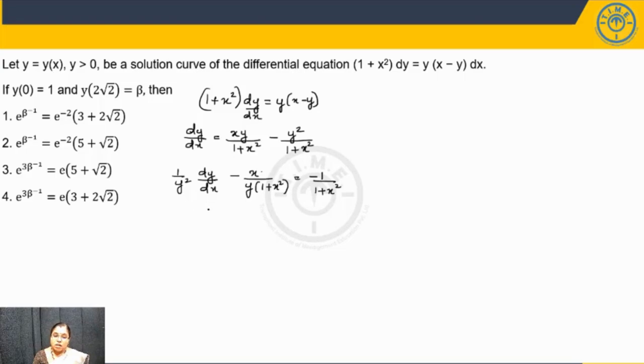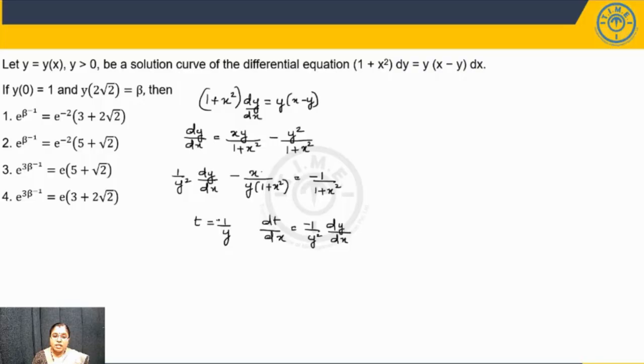So I have divided the whole equation by y². Let's take 1/y as t, so that I'm trying to convert this into linear differential form. So t = 1/y, and dt/dx will be −1/y² dy/dx.